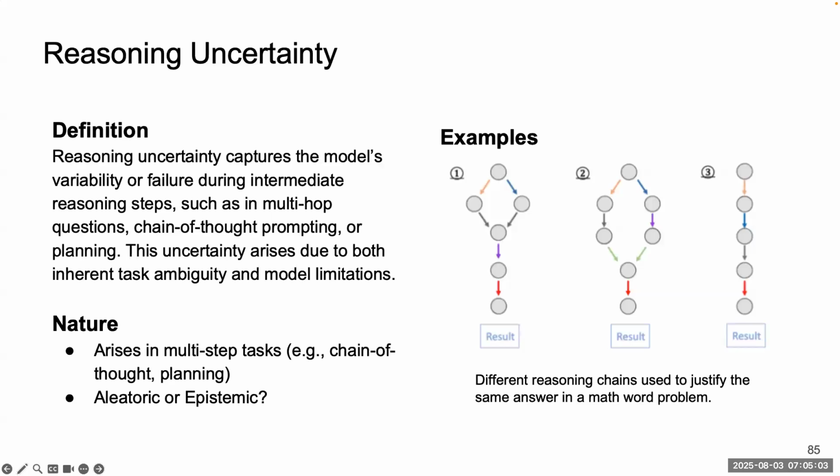But you could also argue that the reasoning is naturally flawed due to poor training or lack of reasoning data, and think of it as epistemic uncertainty. So it's very hard to judge whether the uncertainty in the reasoning process comes from the data or the model.